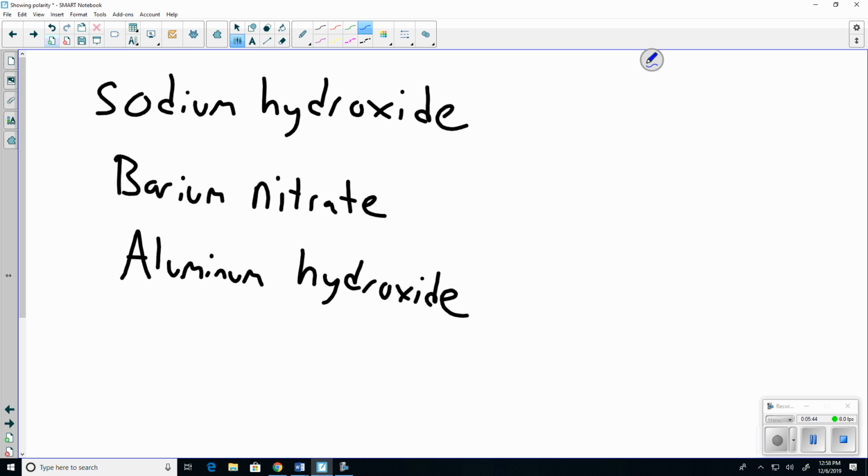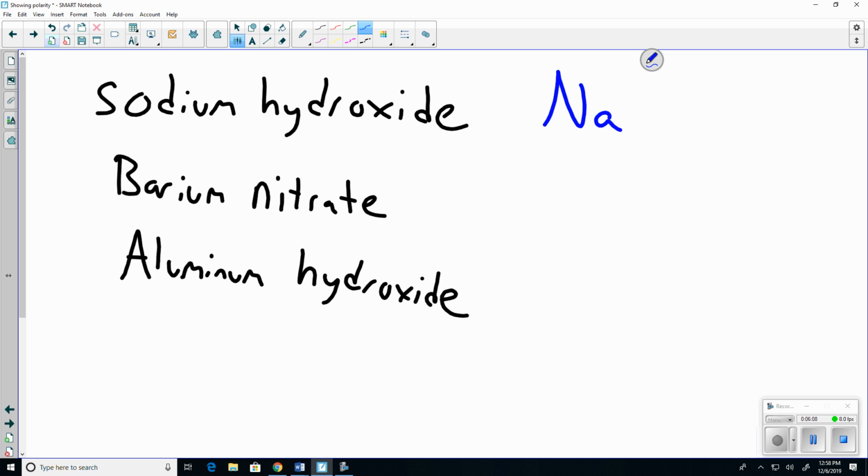Sodium hydroxide. If you're given the name, you should be able to write the formula. Sodium symbol is Na. Here's the weird thing. On this polyatomic ion sheet, most of the things end in ate or ite. And that's a good indicator of, hey, this is the type of naming I'm doing.